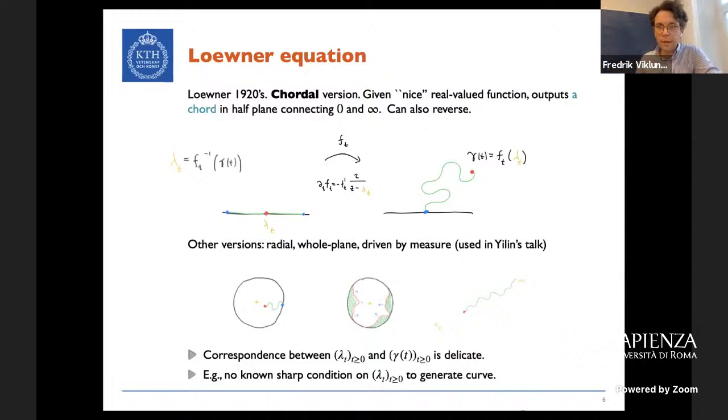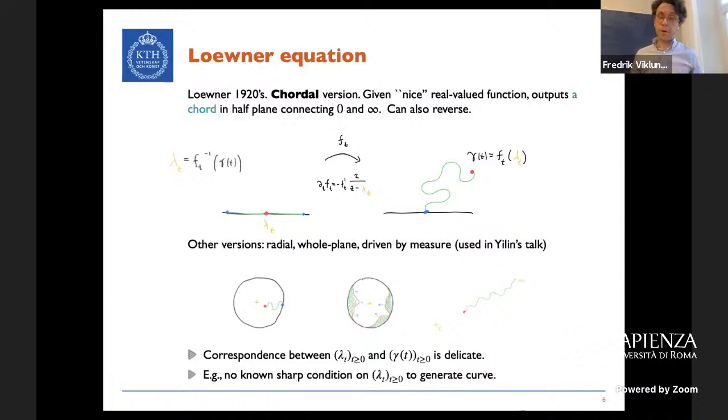So there's quite a lot to say about the Loewner equation. It's an interesting object from the analysis perspective. But the main thing I want to say here is that this correspondence between driving function and curve is pretty delicate. And just to give an example, there's actually no known sharp condition on lambda to guarantee that it generates a curve, because it's not always the case that if you plug in a continuous function, you get a curve. Okay.